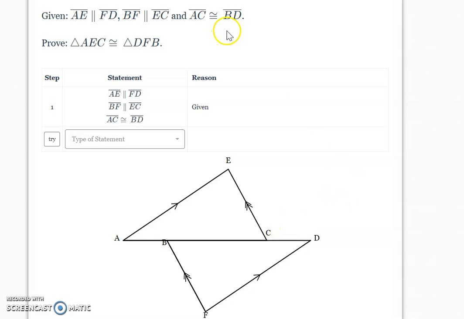Wow. And then we know that AC is congruent to BD, so AC, which is that side, is congruent to that side. All right, so here's what's going to happen. This one's a little weird. We know that those two sides are parallel to each other.